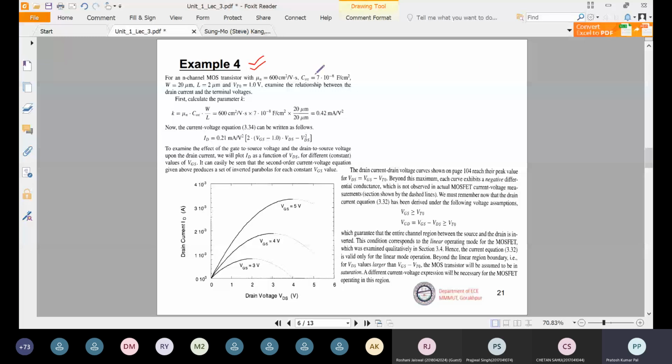For the N-channel transistor, mu N and COX are given. While finding the current, we can directly multiply mu N and COX and find the K value. So the K value will be mu N COX W by L, which equals this value.